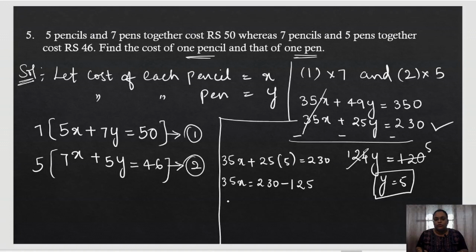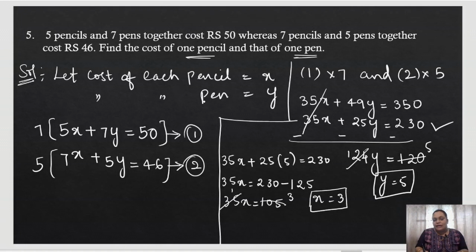So 35x is equal to 230 minus 125, which is 105. 35 ones are 35 and 35 threes are 105. You will get x is equal to 3. So we have got x is equal to 3 and y is equal to 5.